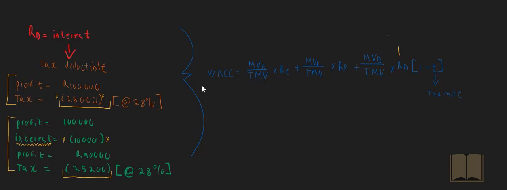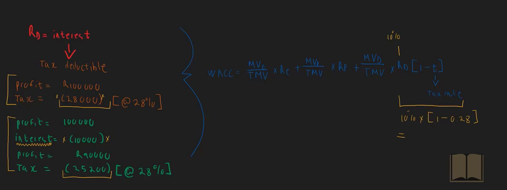So if the cost of debt or the interest is 10%, the eventual net cost of this debt would be equal to 10% multiplied by 1 minus the tax rate, which is 28%. So the ultimate cost of your debt would not be 10%.